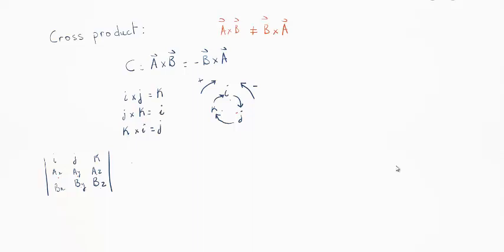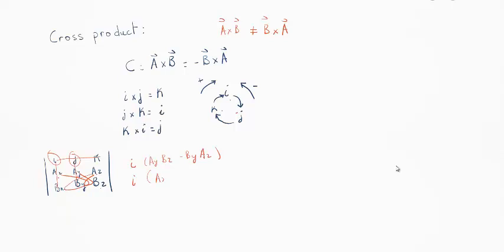Now to start off, for i, we cross out i, and then it's going to be ay bz minus by az. And the j term, we cross here, it's going to be ax bz minus bx az.